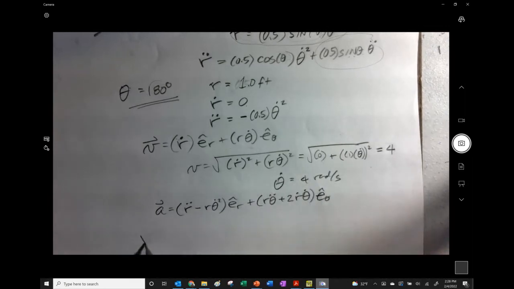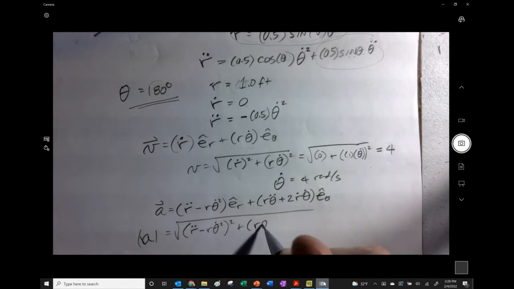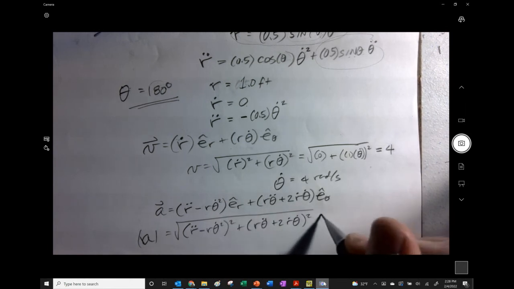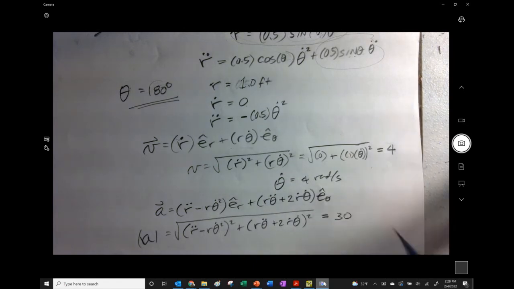And what we were given was that the magnitude, so that's going to be r double dot minus r theta dot squared, all squared, plus r theta double dot plus 2 r dot theta dot, all squared, and that was equal to 30.